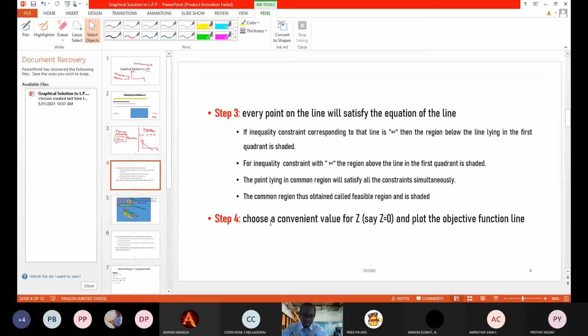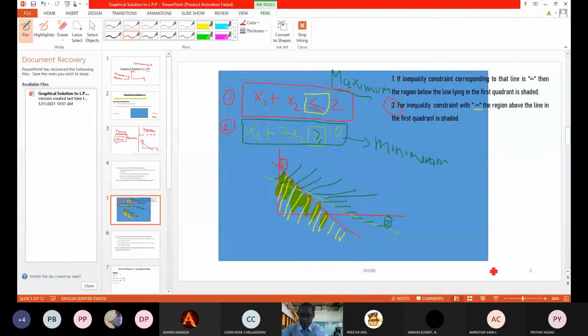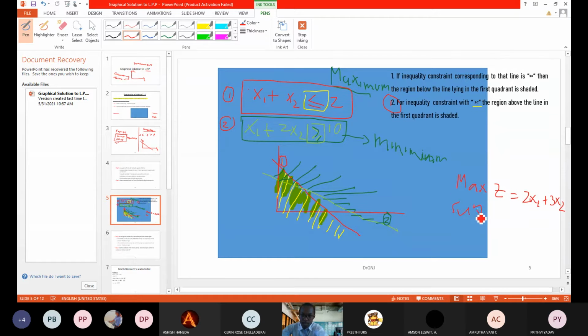Let's look at an example. Maximize z equals 2x1 plus 3x2, subject to the constraints x1 plus x2 less than 2, and 2x1 plus 3x2 less than 4.